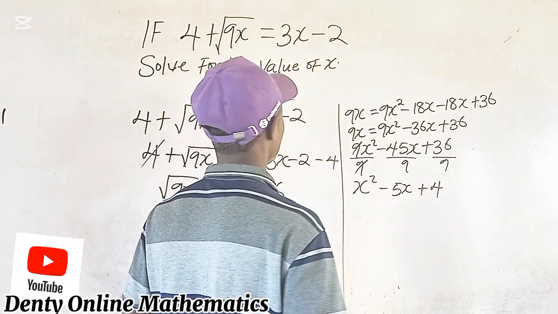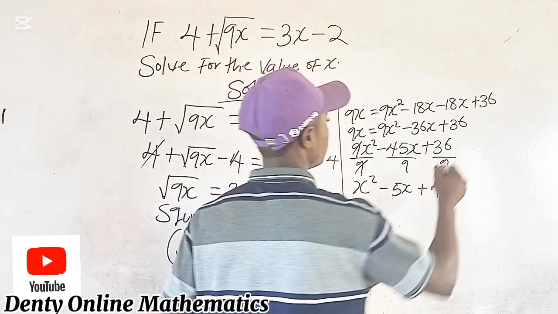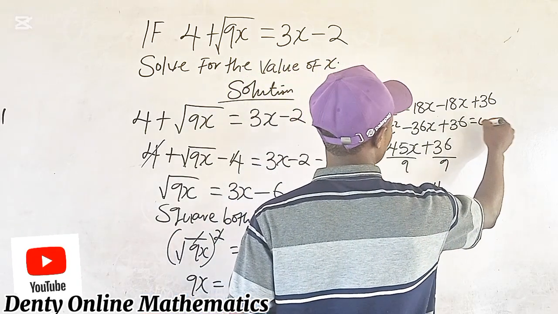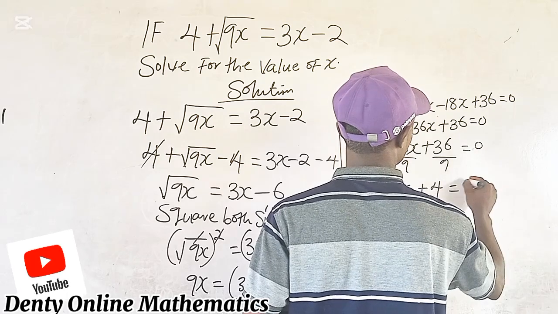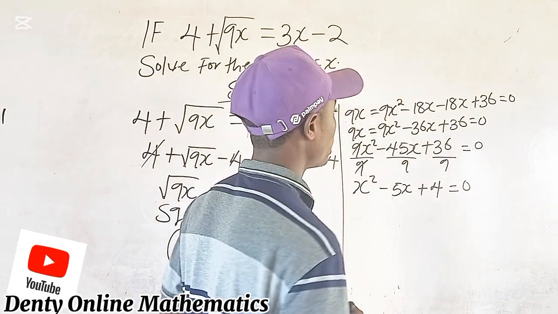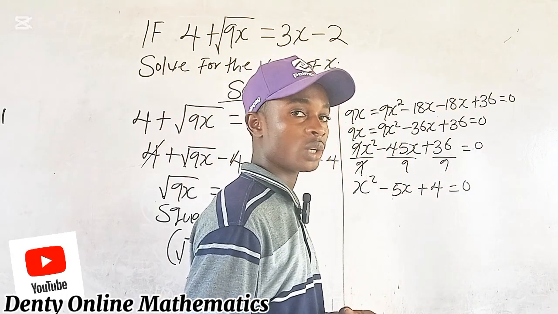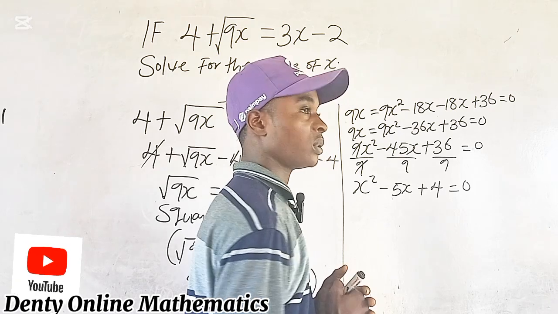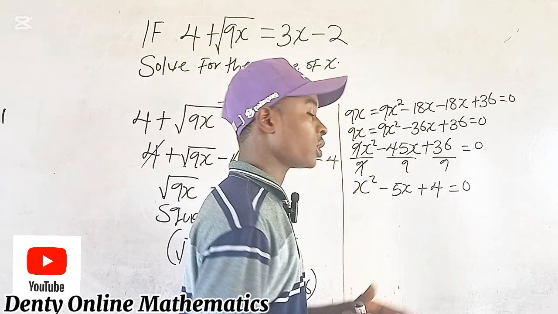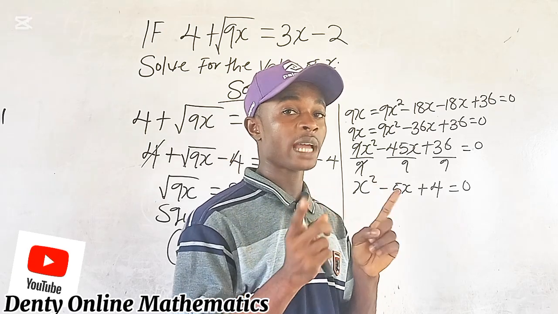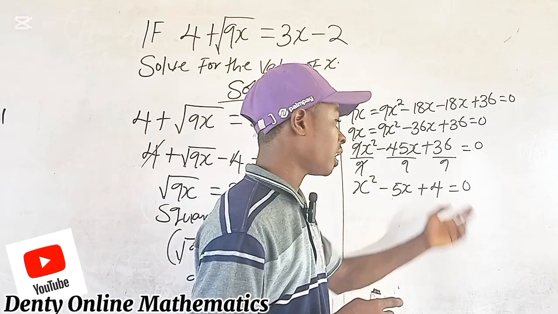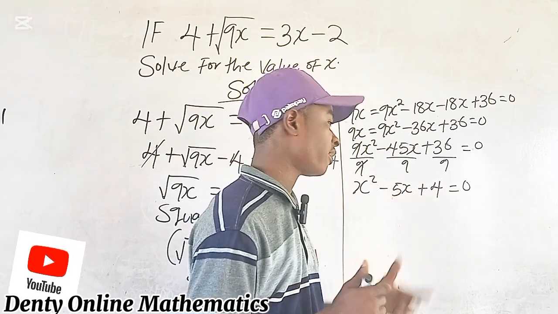So at this point, all of this is equal to 0. Now we have a quadratic equation, so I can still factorize. To factorize this, I'm going to look for 2 factors that if I multiply, I'll have 4, and if I add, I'll have 5.